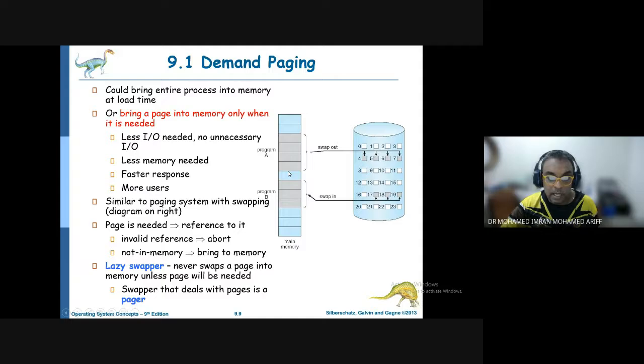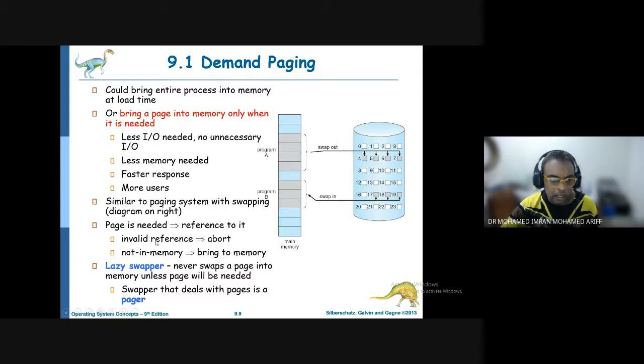If these programs are now completed, they will be taken out, put back into the hard disk, and the new files brought in. Okay, so this is what we call swapping. Swap in and out. Out means the files are completed, the program is done, so you swap it back into your backing store, into your hard disk, and you swap in the new files that you need here.